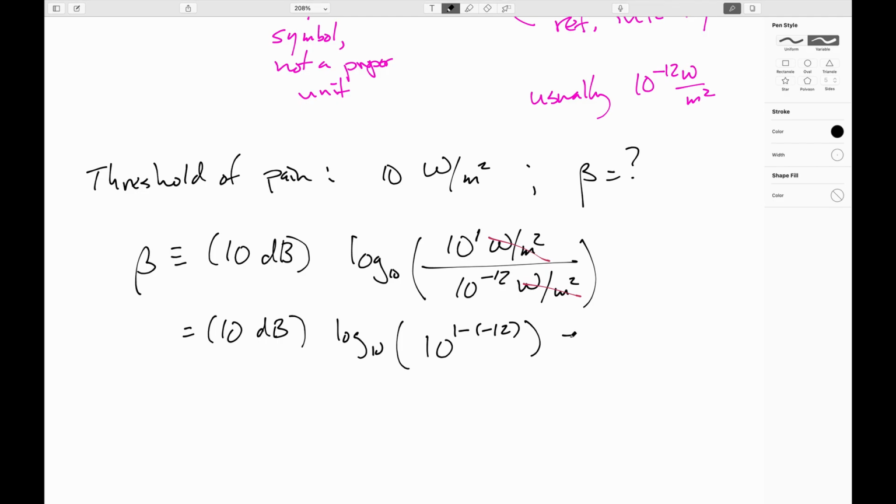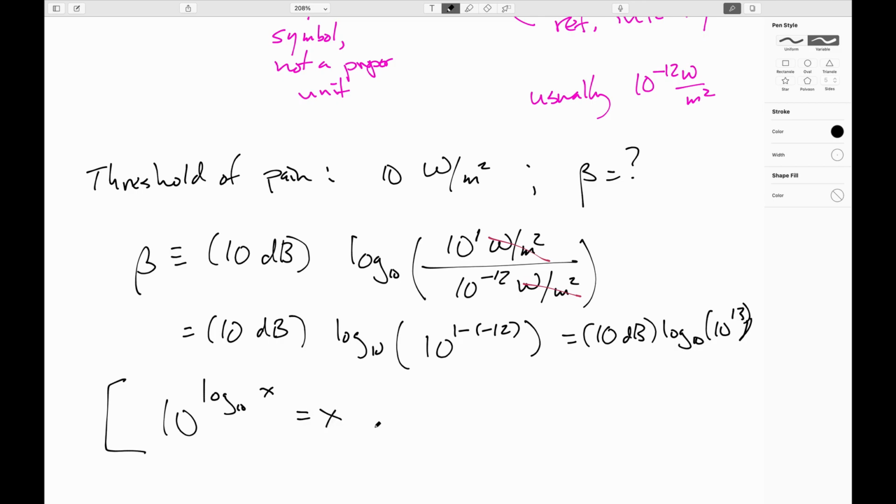So this will be 10 dB times the base 10 log of 10 to the 13. Now, to refresh our memory, remember these identities. It is the case that 10 to the base 10 log of some quantity x will be equal to x.